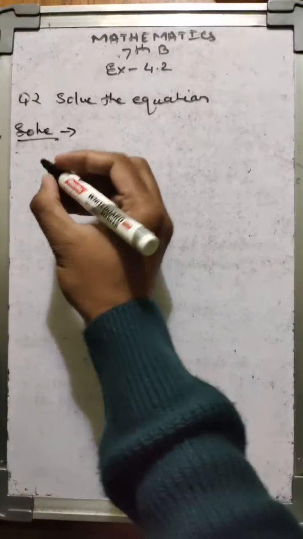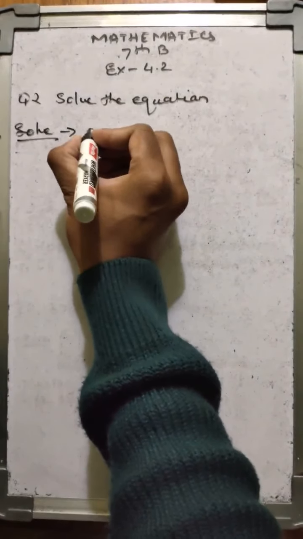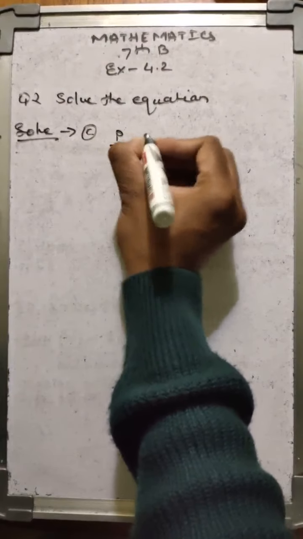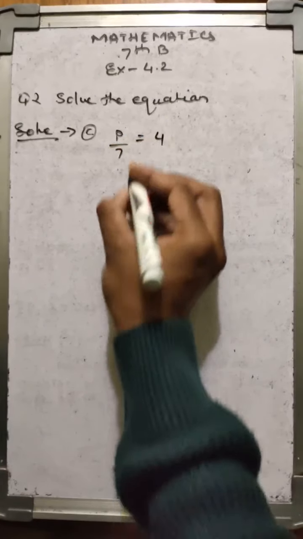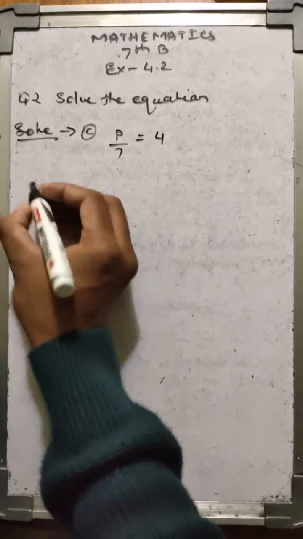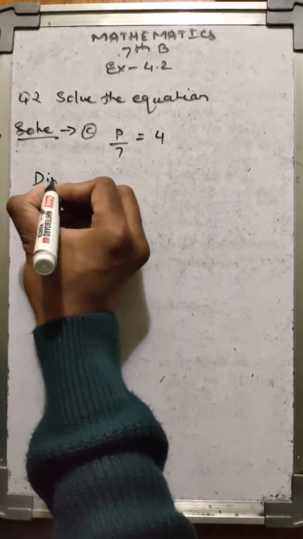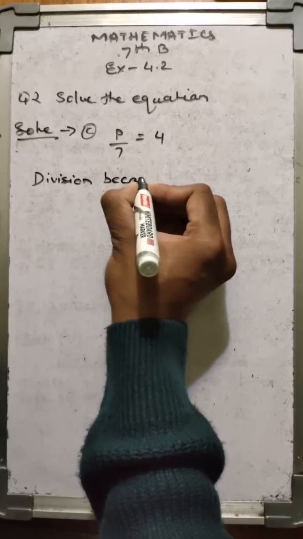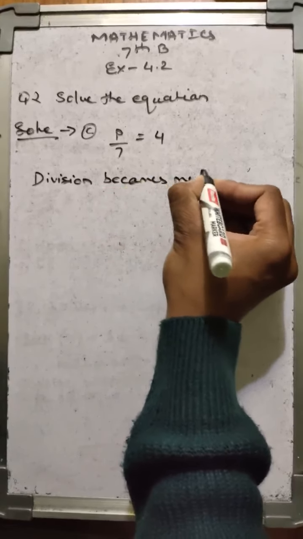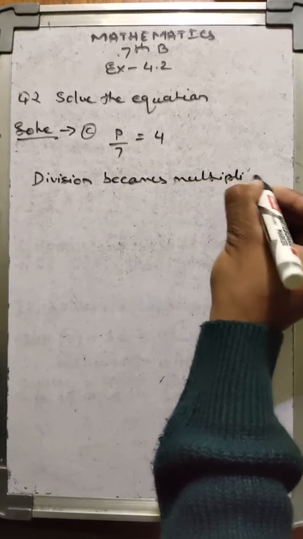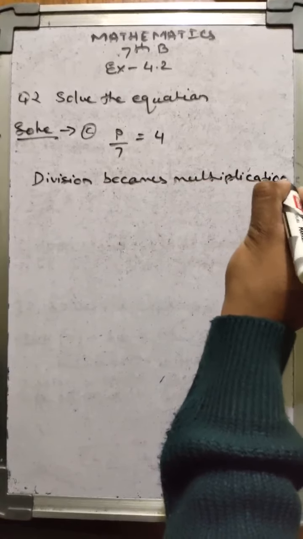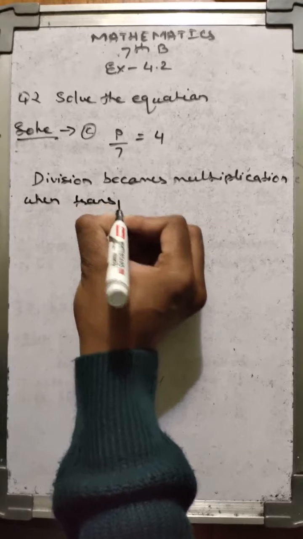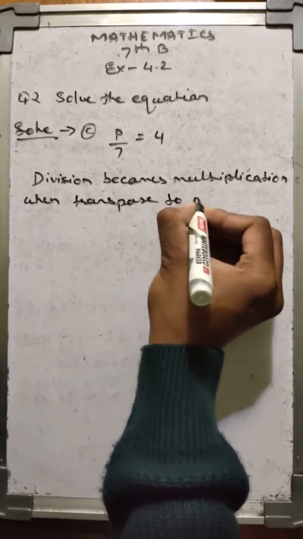Now the second one, actually the second one is homework, but I am solving it. C: p by 7 is equal to 4. See, this 7 is in division, so division becomes multiplication when transposed to the other side.